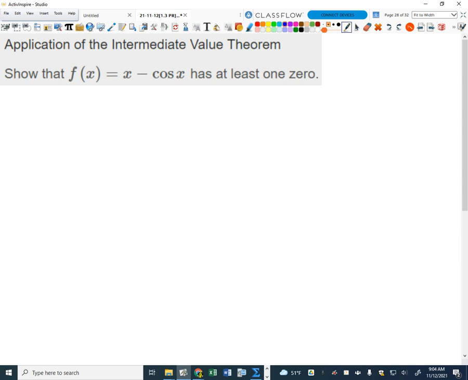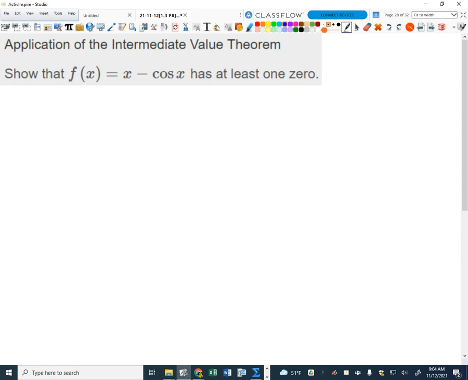How could we prove that this function has at least one 0? f of x equals x minus cosine x. What do you think?